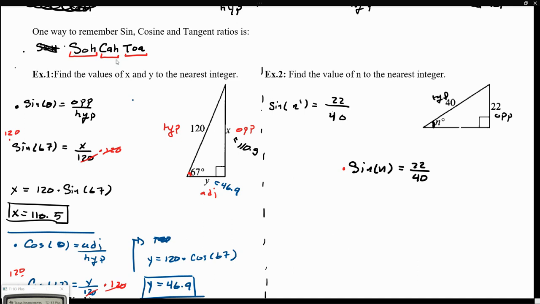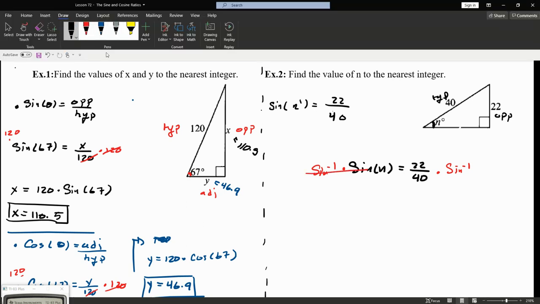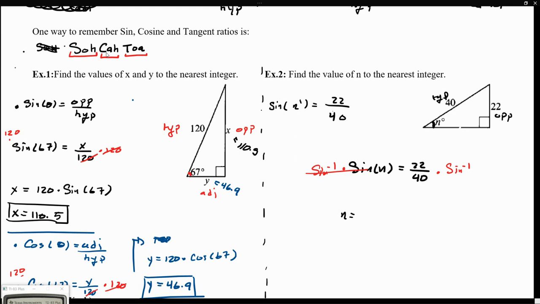If I want to cancel out the sine, I need to apply what we call the inverse function. So the inverse of sine on the left and the inverse of sine on the right. That way, the inverse will cancel out. And now I have that N is equivalent to the inverse of sine evaluated at 22 over 40.